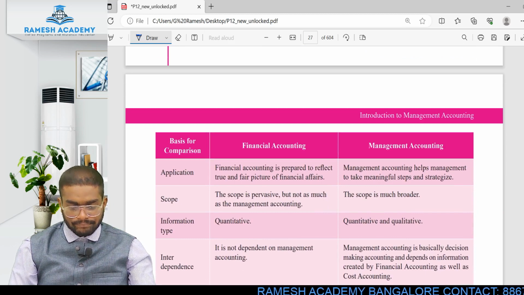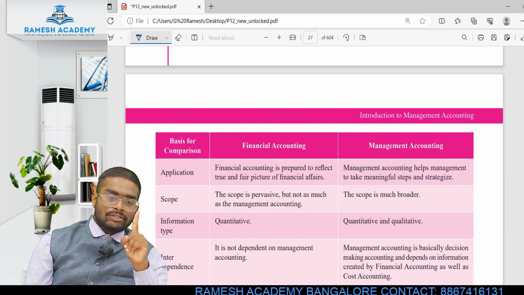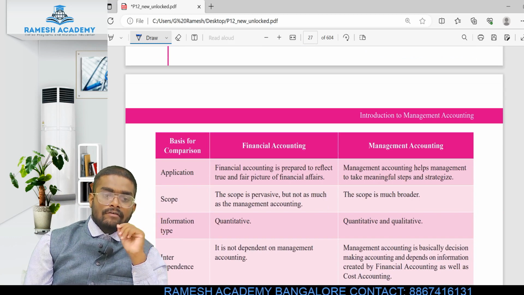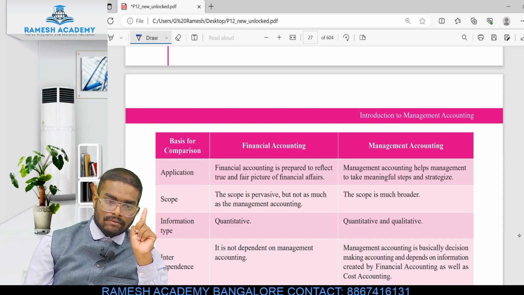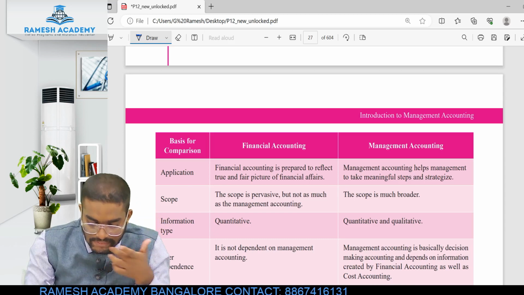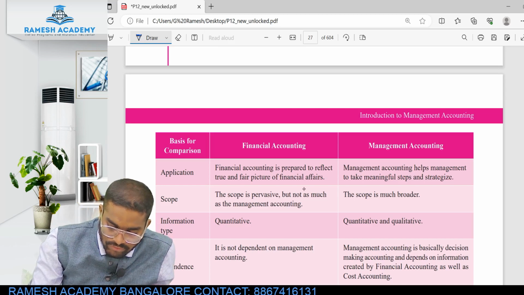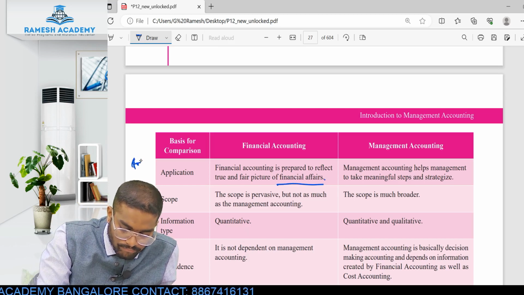Next, what is the purpose of financial accounting? This was my first point in this chapter. Financial accounting was only concerned with two things: financial position and the financial results. That's it. Financial accounting reflects the true and fair picture of the financial affairs. Financial affairs is nothing but financial position.